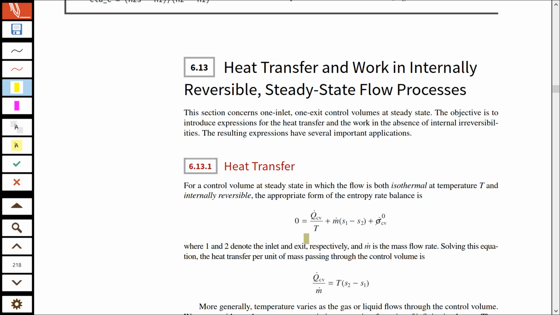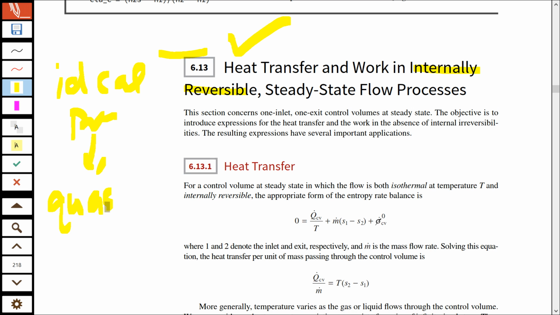Heat transfer and work in internally reversible processes. Now this is something which we need to discuss, so I'm not actually skipping this. You just need to know that we have been talking about internally reversible processes. That is, it is that ideal process, which is also called quasi-equilibrium, just for the record.